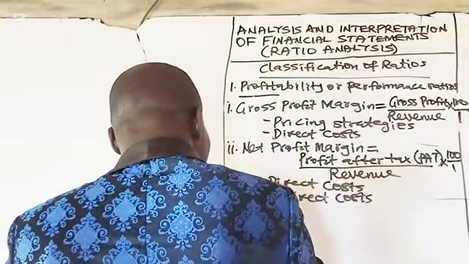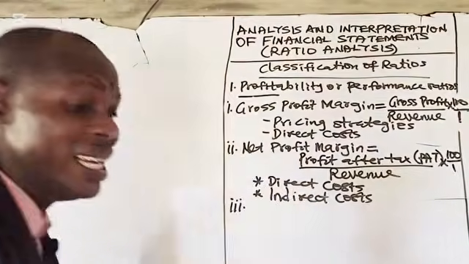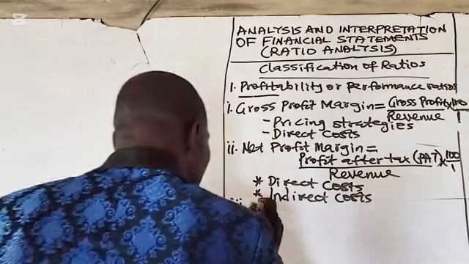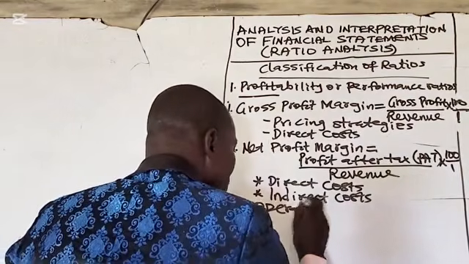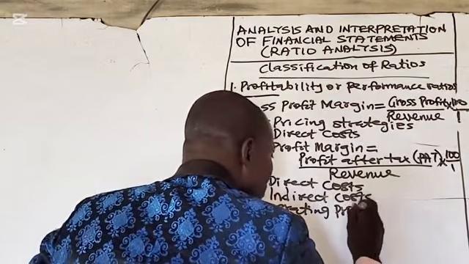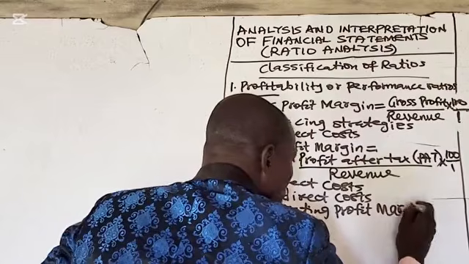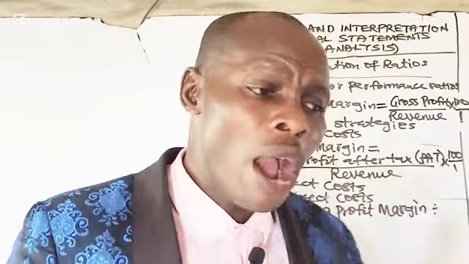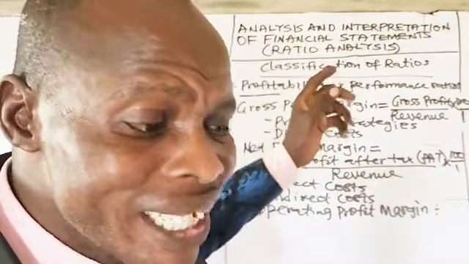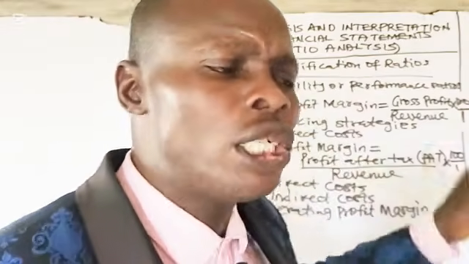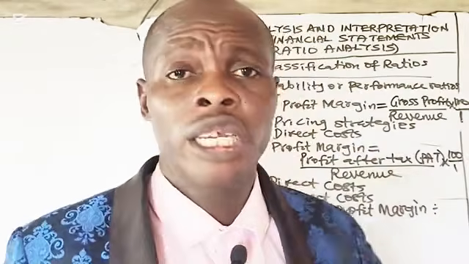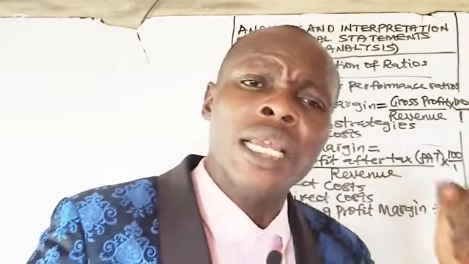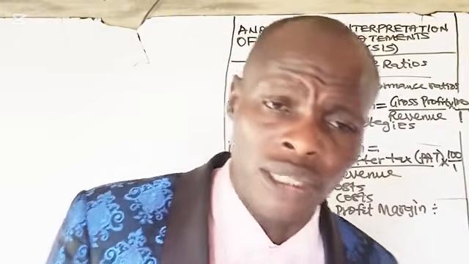The third profit we consider is the operating profit margin. Operating profit margin measures operating income as a percentage of sales revenue.